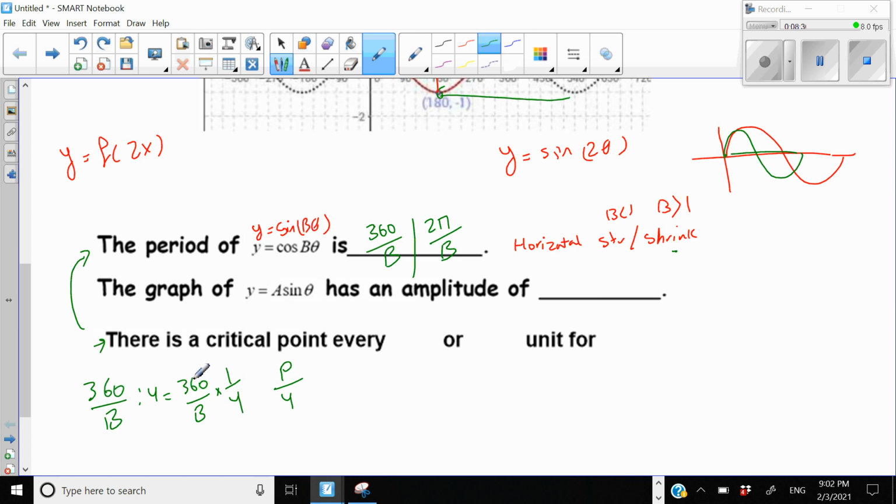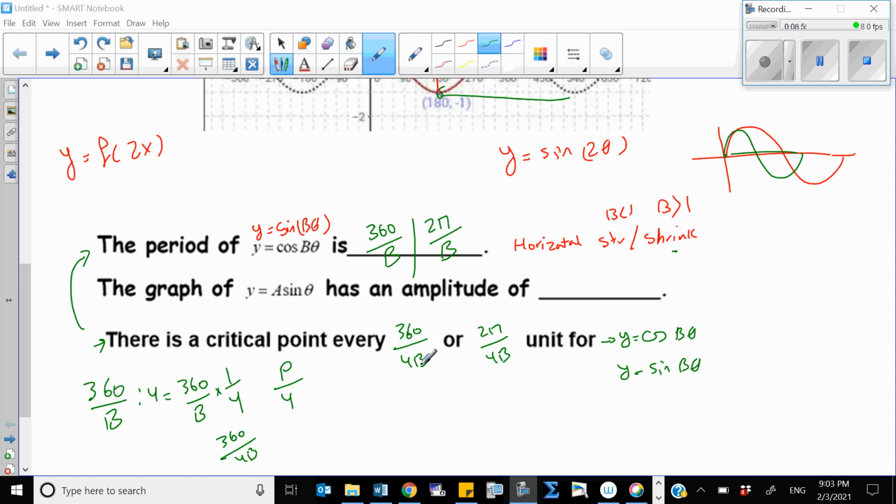So it will be 360 divided by 4b. So to find the critical points, you're going to divide 360 by 4b, or divide 2 pi by 4b. This is for y equal to cosine of b theta, or y equal to sine of b theta.